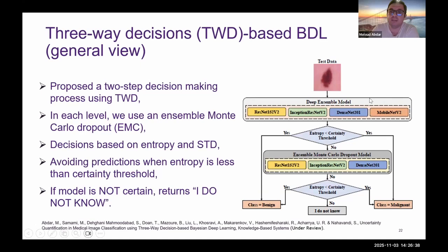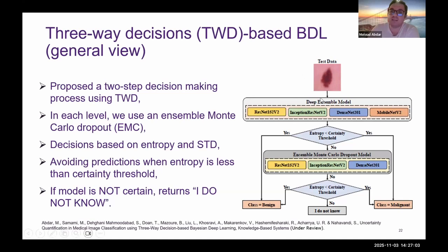This is the general view of the proposed model, which is a three-way decision based on the models. In the first stage, we have a deep ensemble including different networks, and then we defined a threshold, which we call the certainty threshold. If the entropy is smaller than that, it goes to the prediction directly. If it is not, it goes to the second stage.